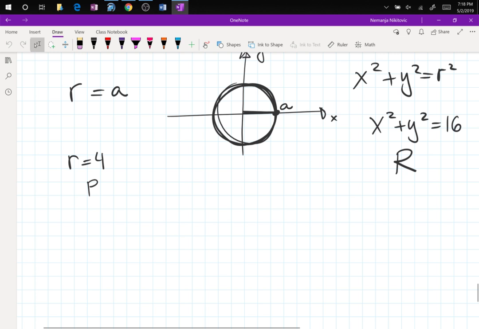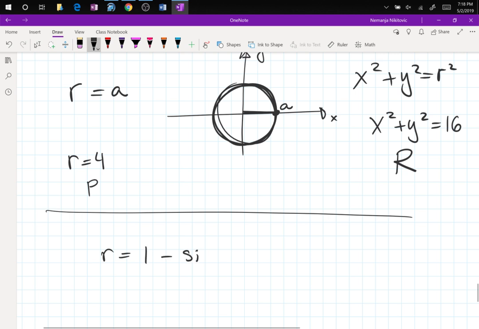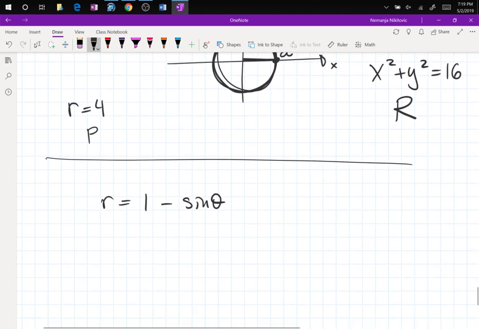Now if I go and assign my equation as, let's say, r equals 1 minus sine theta, which gives me this cardioid like this.